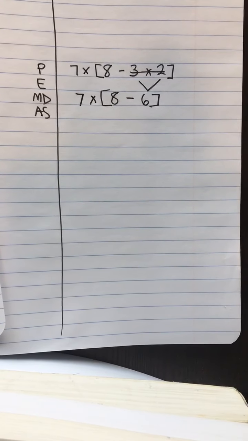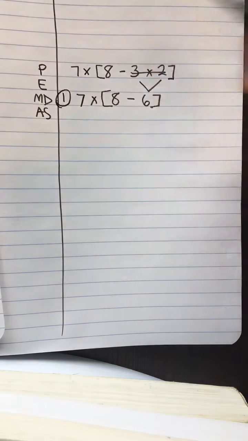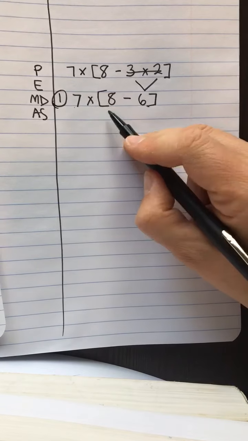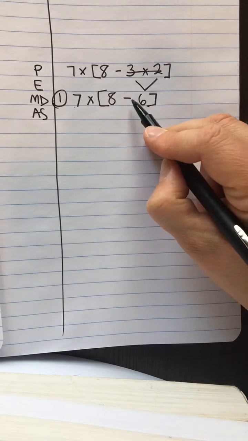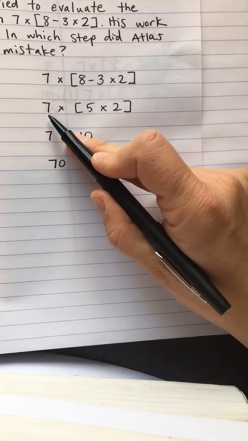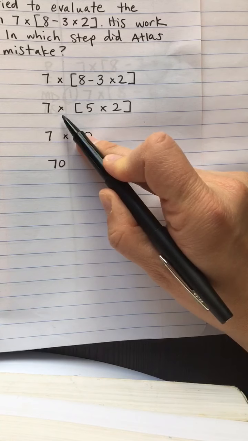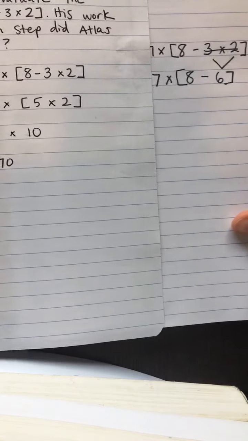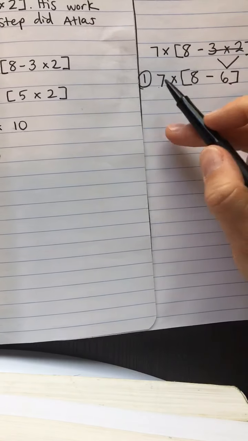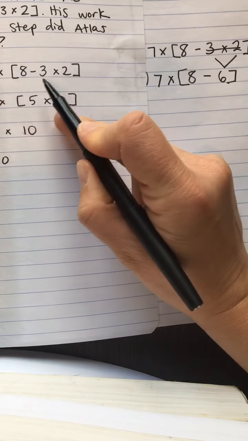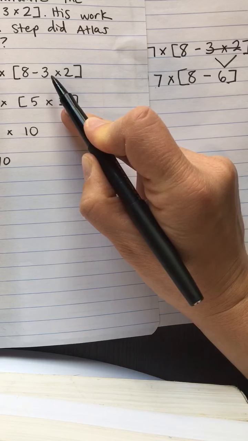And then let's look at Atlas's work. So that was my first step. What I got to was 7 times bracket 8 minus 6 end bracket. If you notice here, he got to 7 times bracket 5 times 2 end bracket. So if I look here, since he got to 5, he must have done 8 minus 3 first.